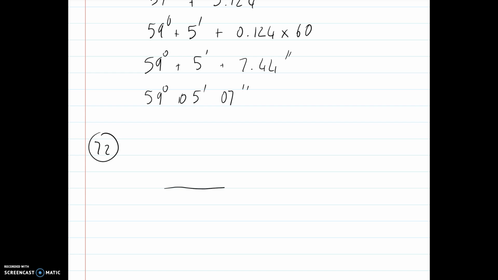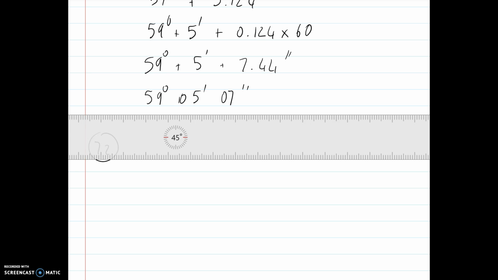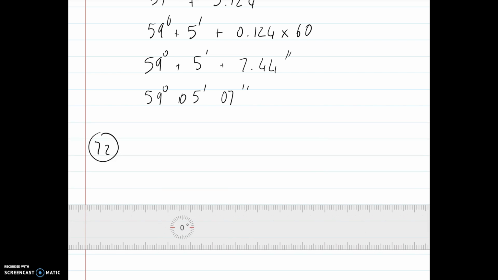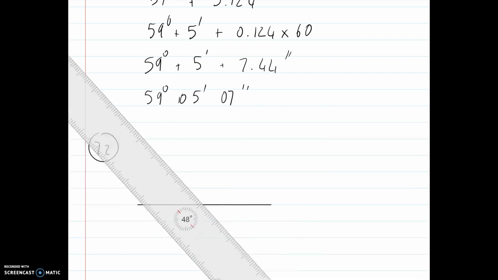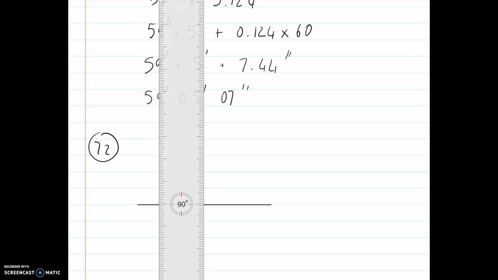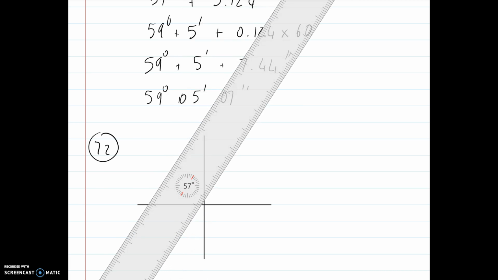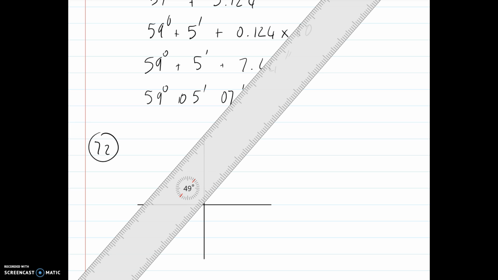So if I take the ruler, that will be better. Basically, I'm just going to represent the terminal side.